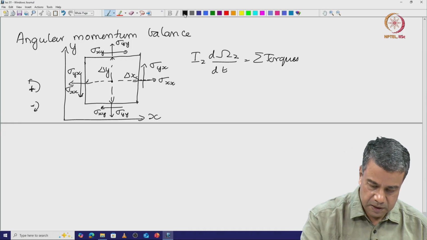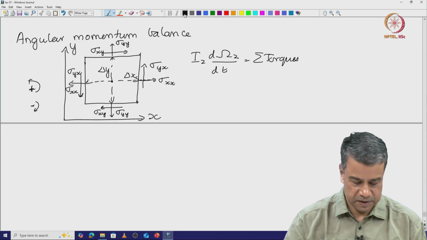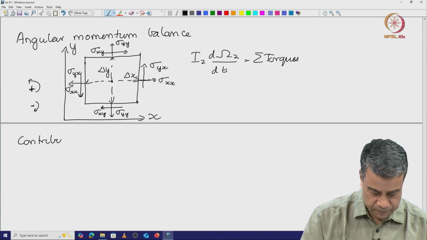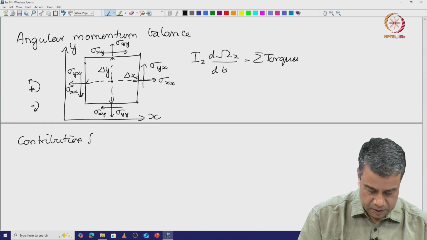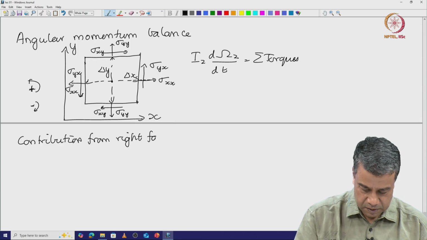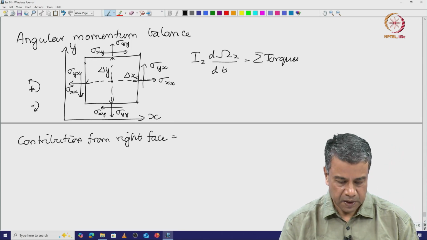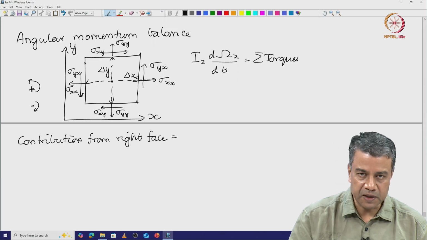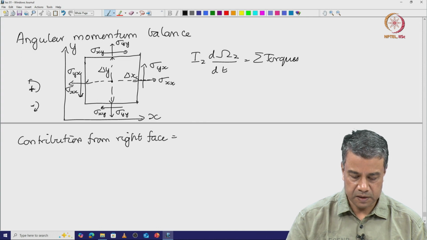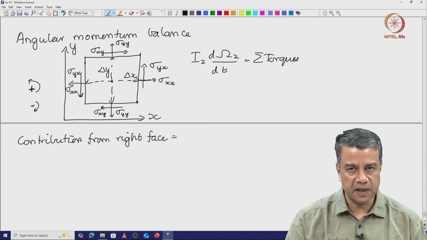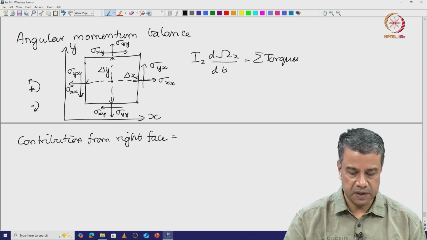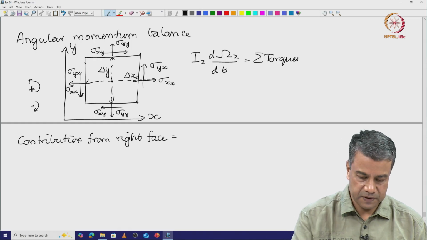So, let us look at the contribution to the torques from these four faces. Contribution from right face is equal to the force times the perpendicular distance. In the case of sigma xx the torque is 0 because it is normal to the surface. It is only sigma yx at this surface that gives you a torque.